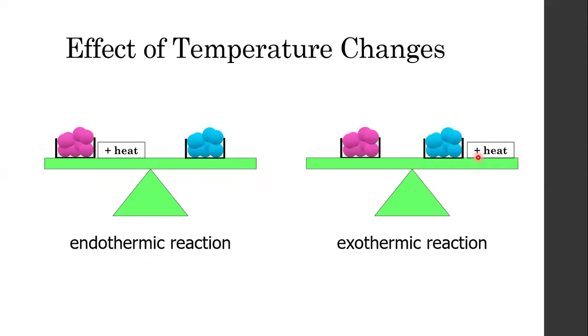Next, we move to the effect of temperature changes. Okay, so you have to recall the terms endothermic and exothermic. Endothermic is the addition of heat; the reaction absorbs heat, and exothermic reactions are those that release heat.